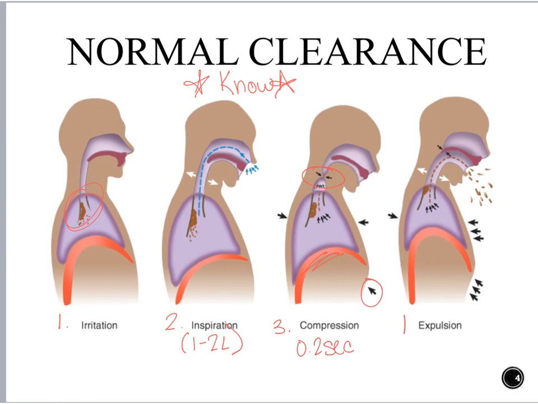And then finally we have expulsion, the cough itself. The glottis opens and creates that pressure gradient. Because it's been building up, it wants to come out, so a violent, high velocity expulsion of airflow comes out of the lungs. This is when they're hoping the mucus or foreign body or whatever irritation it is, the body wants it up and out.